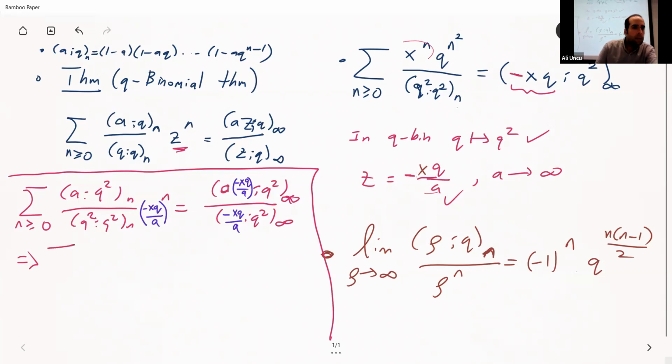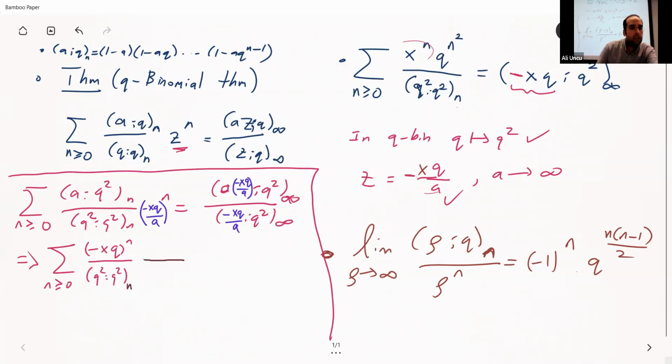So when I'm writing the sum again, I will write the part that I will see at the end, at least this x part and this q squared part in front, right? So minus x to the n, I will write it here. Minus xq even, I will write it here. And divided by q squared sub n. And things with a, I'll write them in the second denominator.